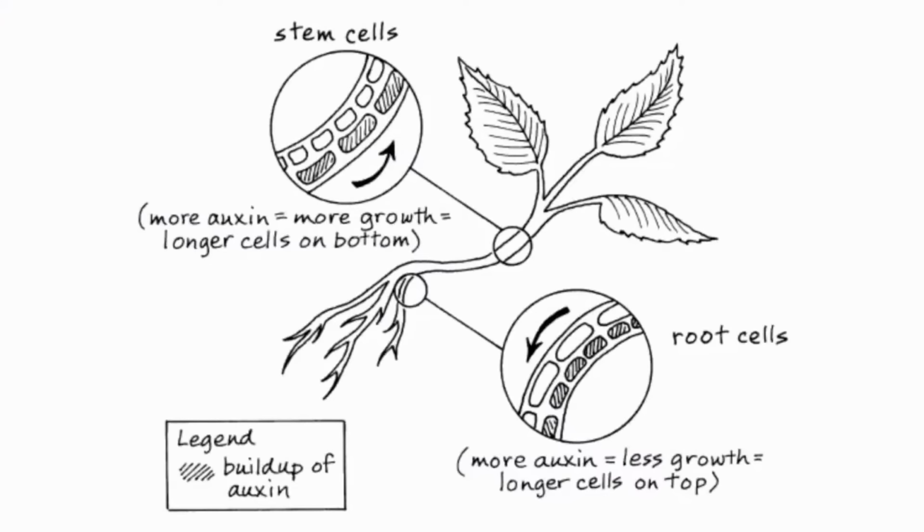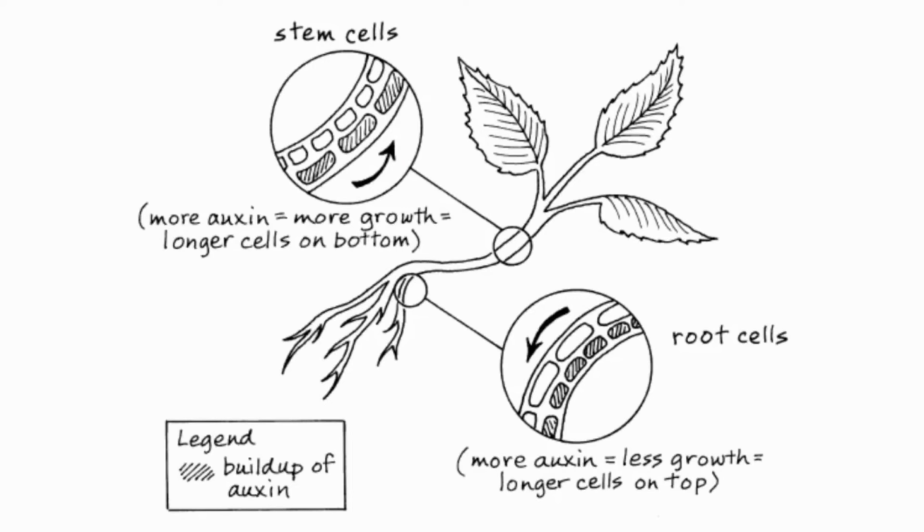What we see happening is auxin, which is produced in the plant. It's a hormone. It senses gravity. So what we end up with is, when a seed is growing horizontally, we end up with a buildup of auxin in the cells on the lower side. So as it goes with gravity.